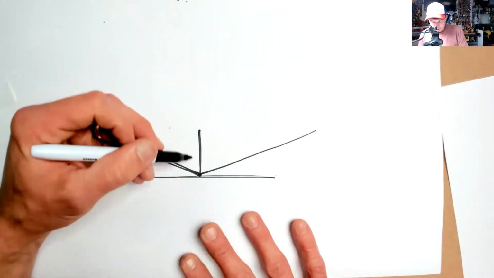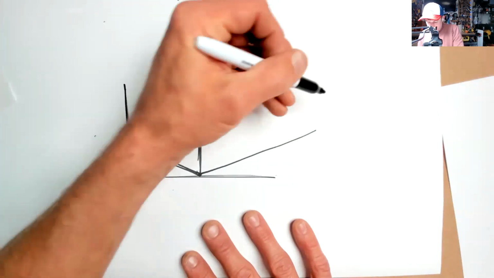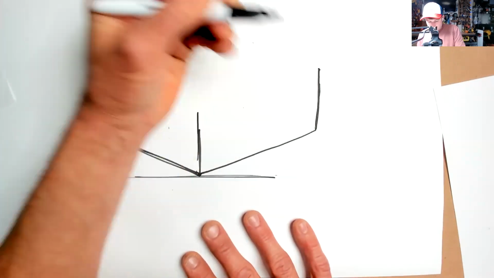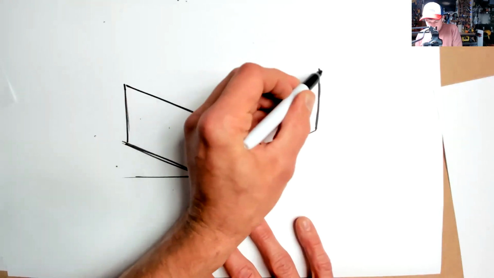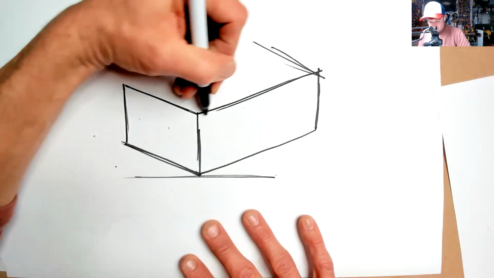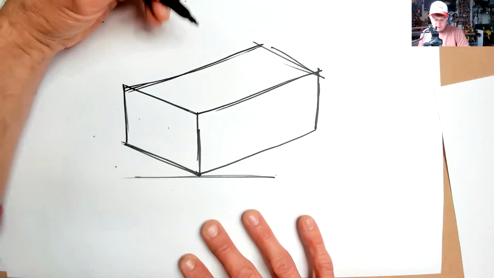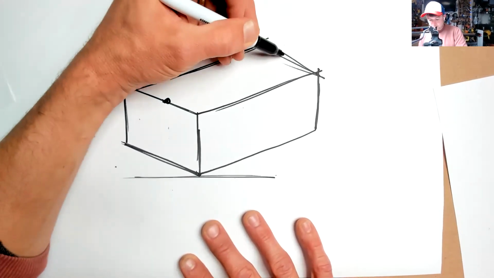So for my treasure chest, let's see, this profile I want here, it's like the side here. The way I map one out is I start with the parallelogram and I find the center point here and the center point over here.